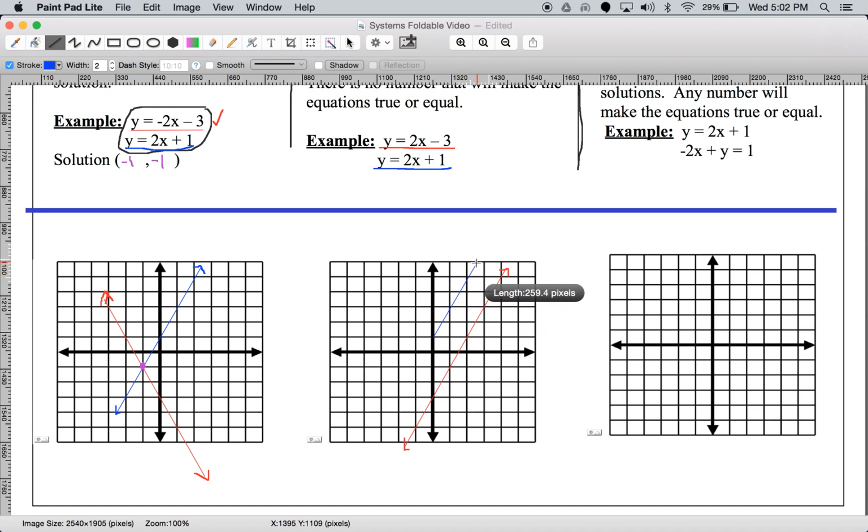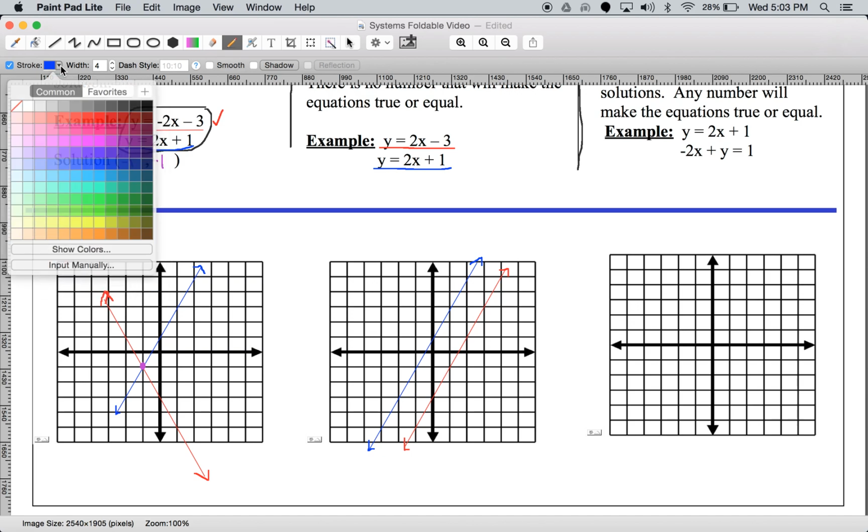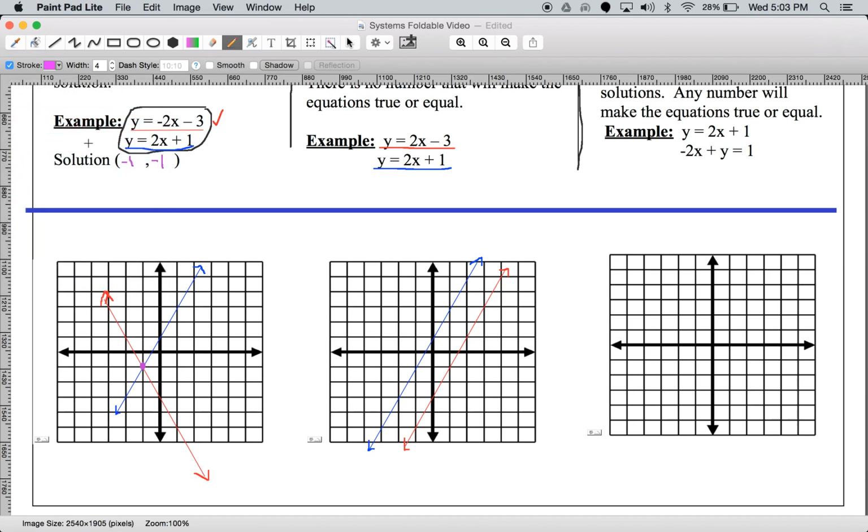It's about like this. All right, we're going to add the arrows to both sides. Okay, so what happened to these lines? Did they intersect? Hopefully you're thinking no.